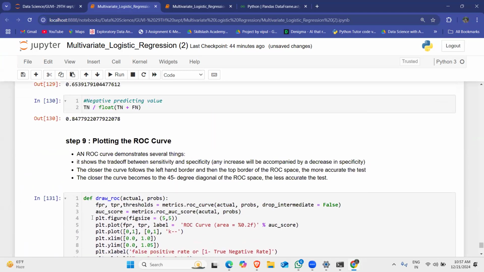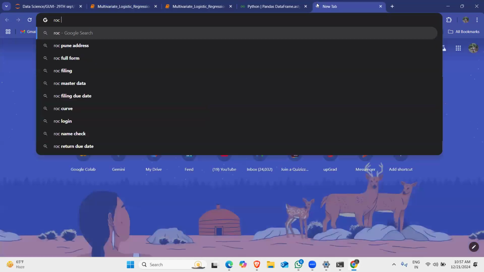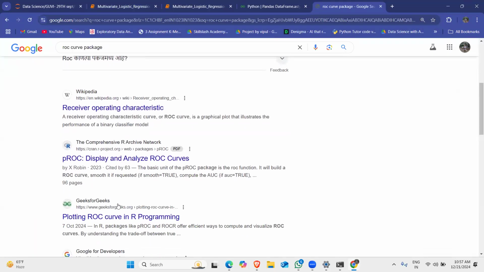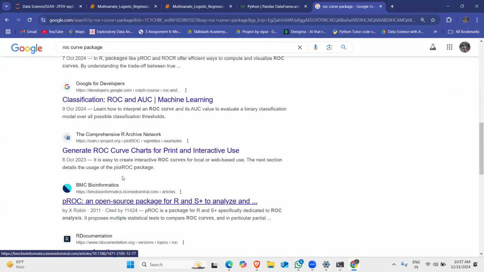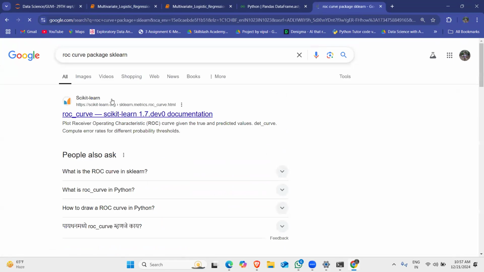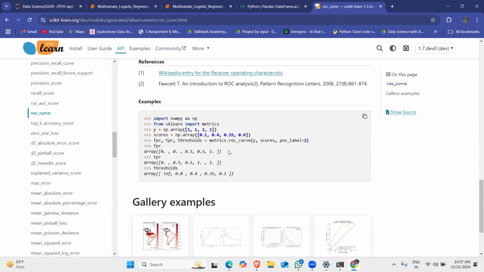roc_curve is not defined, we need to import a package for that. Suppose I don't know the ROC curve package, I'll go to the official documentation from sklearn and I'll just plot this ROC curve. So from sklearn import metrics, this is also fine.